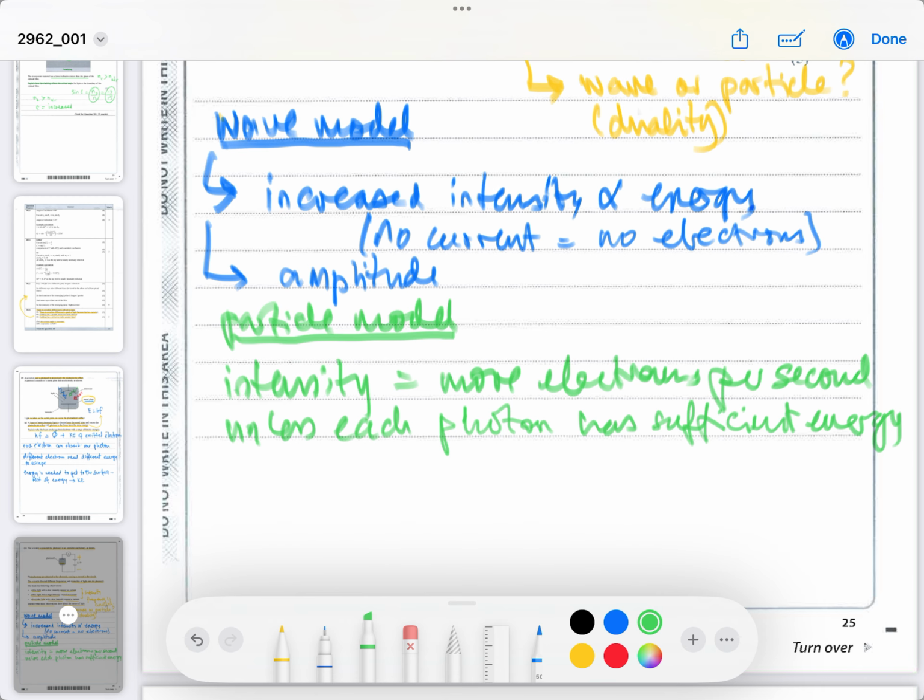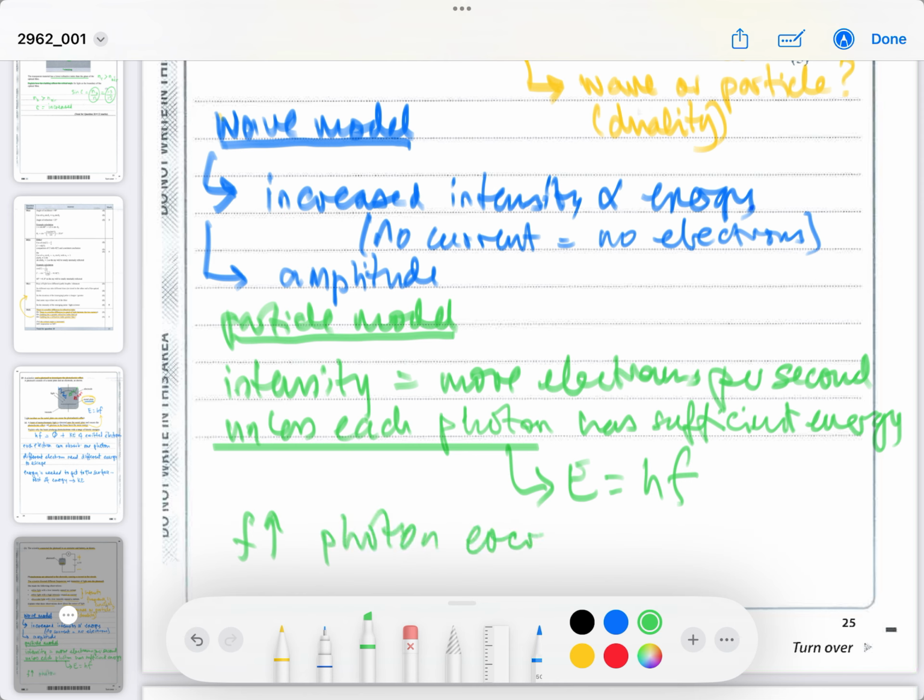Okay? So, intensity equals more electrons, but no emission unless each photon has sufficient energy, because photon energy is directly proportional to the frequency. Yeah? So if the frequency goes up, then photon energy increases as per the equation, above a certain threshold, f0 we could call it, and this leads to emission.